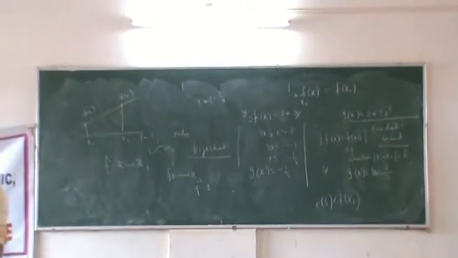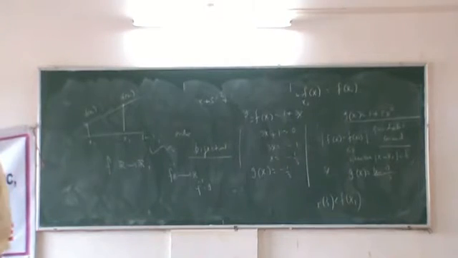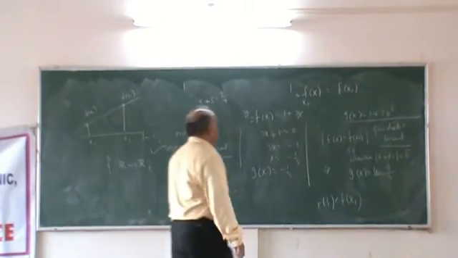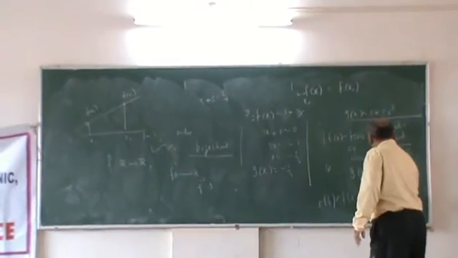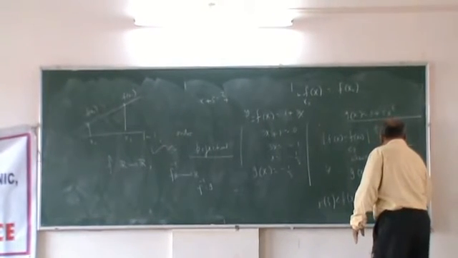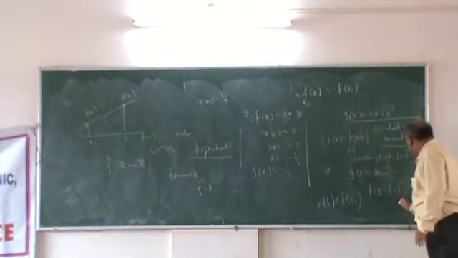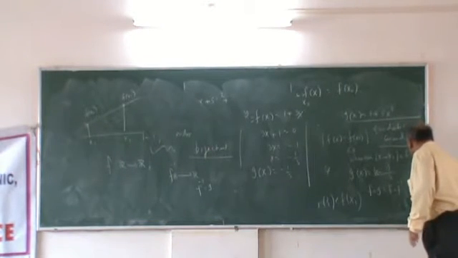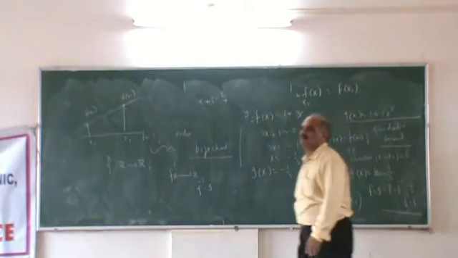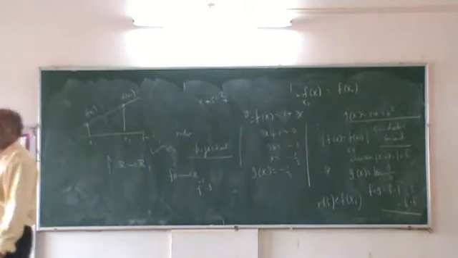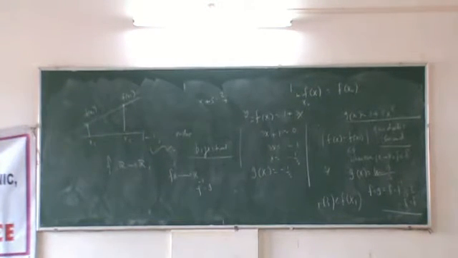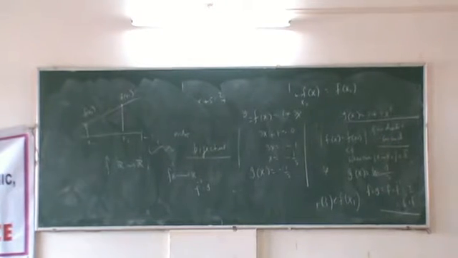Now you compose them, you will get this. What is the property? Group property? F circle G, that is F circle F minus 1 must be equal to I. That is same as F inverse circle F. So you get my inverse also. If your function, see, all continuous functions need not have inverses.